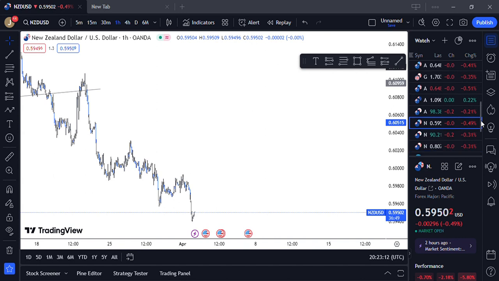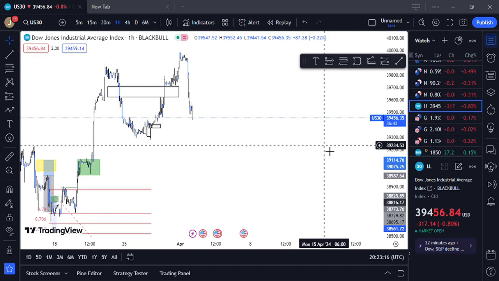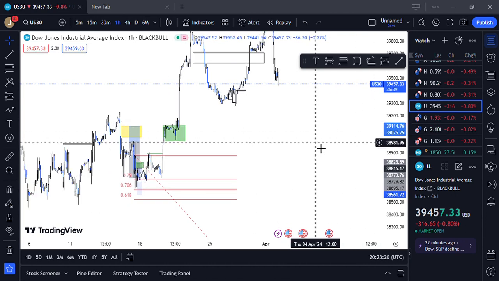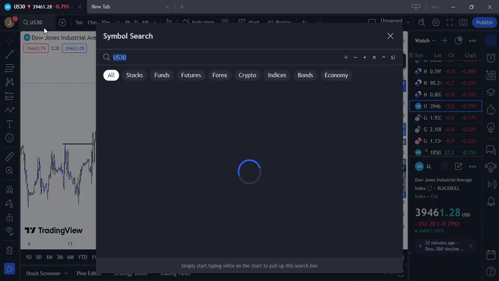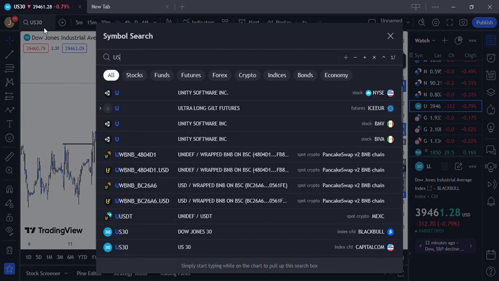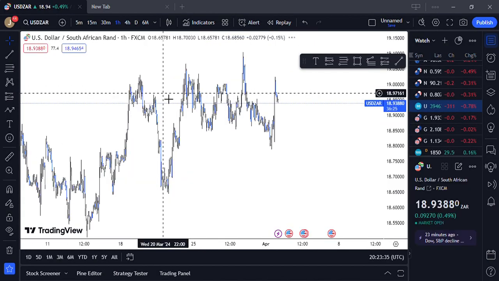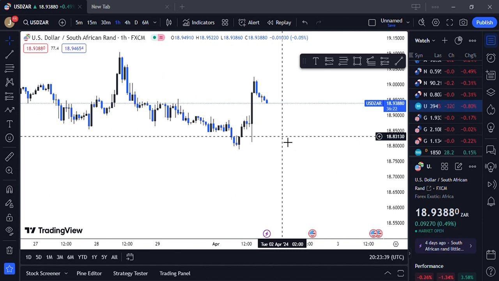I'll take a screenshot and send it to you guys. What I was basically saying is that you go to a clean chart where there is no analysis. So basically we want to predict where price is going to go.